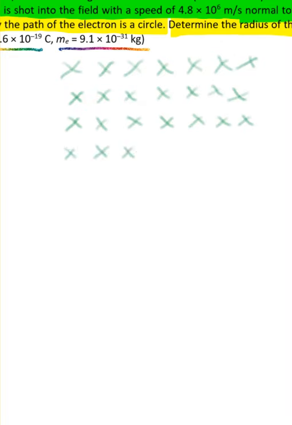So field lines are going inside the surface of the screen, and for this situation we will consider a charged particle entering perpendicularly. So let us consider a charge q. Say this is charge q, which is entering with velocity v into the field. Let the magnetic field be minus B k cap.